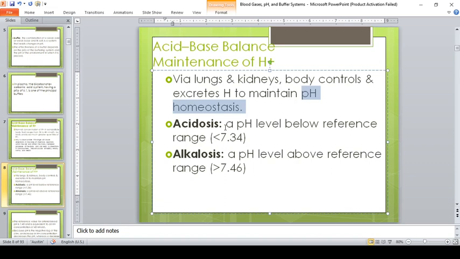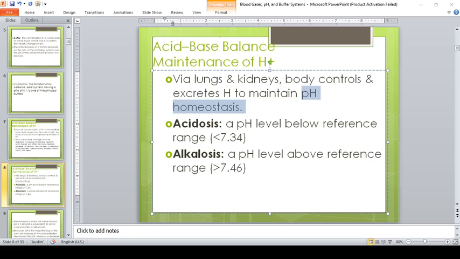So, we have further divisions of acidosis and alkalosis. Okay? Meron ulit yung division. We have the metabolic acidosis and alkalosis, also known as the non-respiratory acidosis or alkalosis. Meron din naman tayong respiratory acidosis and alkalosis, depending kung ano yung organ na may problem.